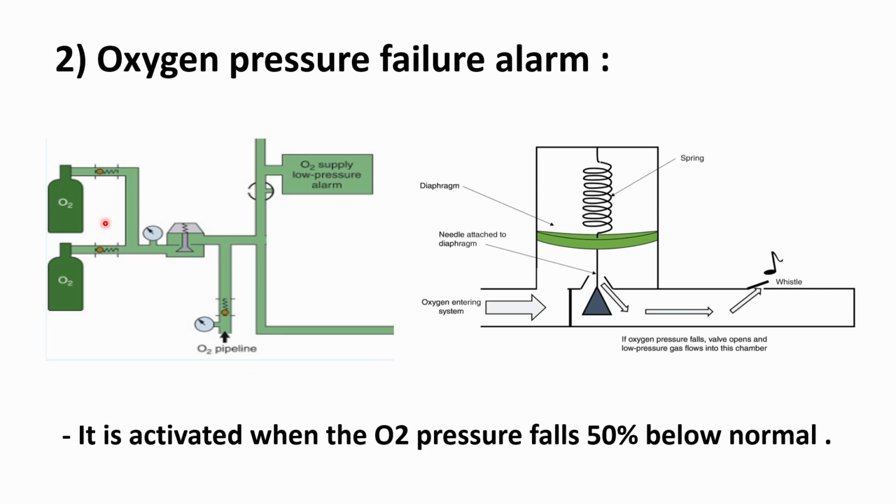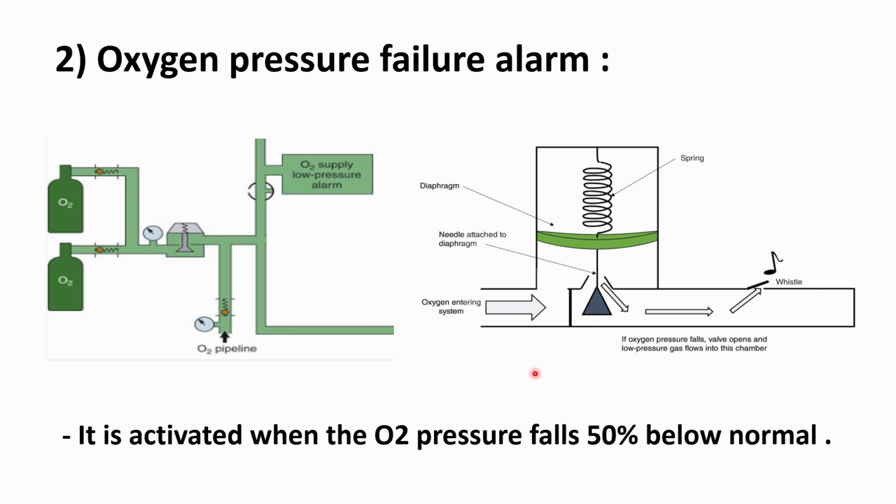As long as the pressure is maintained inside the circuit, the oxygen entering through this valve maintains this diaphragm open, allowing the perfect flow of this oxygen. This system will be activated if the oxygen pressure falls below 50%, which is 25 psi.